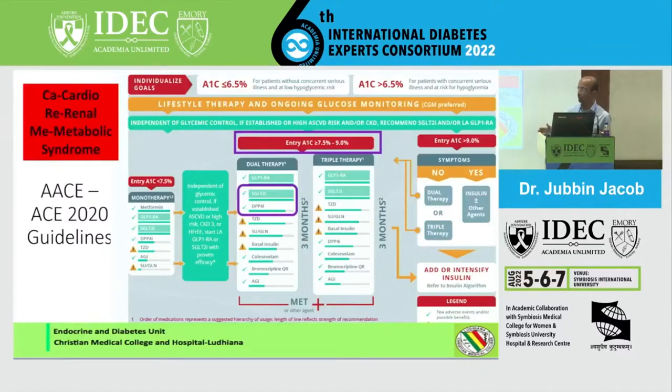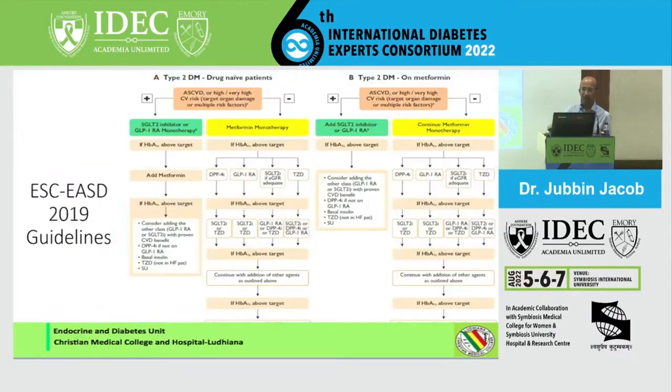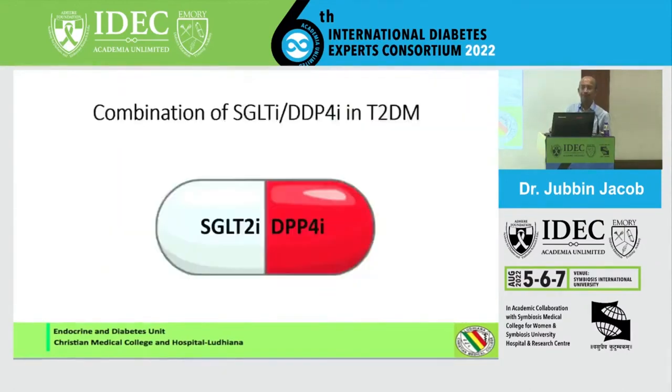You have glucose control, which is metabolic control, but additionally you have heart failure and renal disease, which are concentrated here in the middle part of the guideline. Whether it is the ESC EASD guideline, again, primarily focusing on heart failure, renal disease, and atherosclerotic cardiovascular disease.